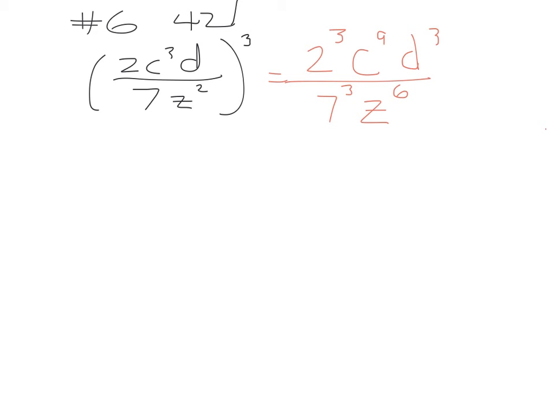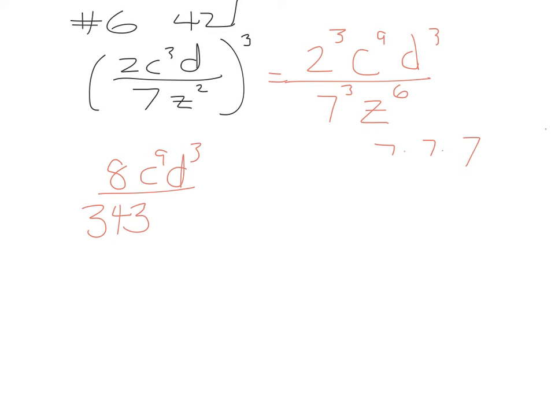Okay, 2 to the 3rd is 8, c to the 9th, d to the 3rd, 7 to the 3rd is 7 times 7 times 7, which is 49 times 7, which is 343.